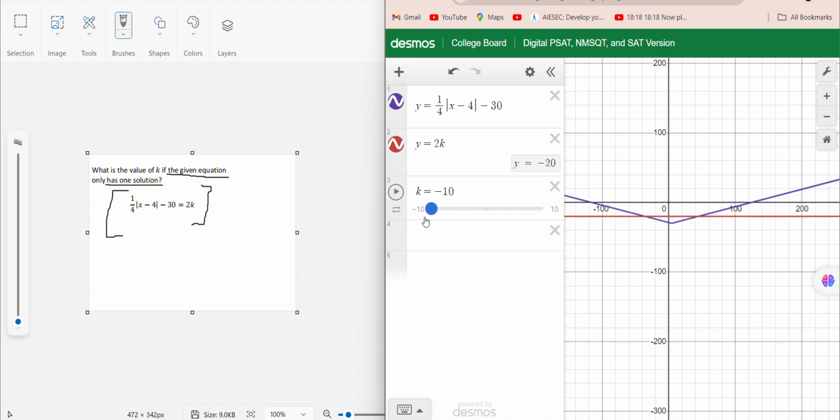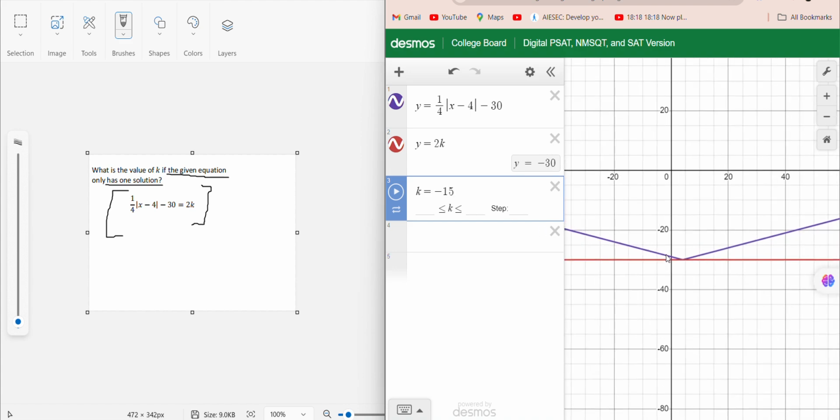Let us use the range minus 10 to minus 20.